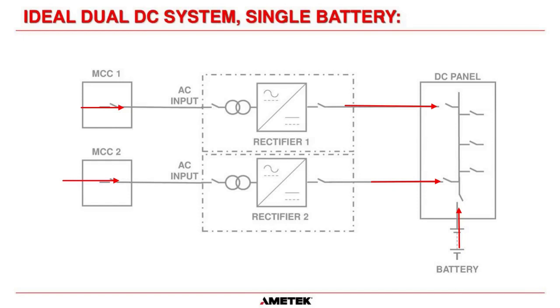That allows you, say, if you're doing maintenance on MCC1, to still have power on MCC2, and you're still keeping at least one charger powered up while you're doing maintenance on one of the MCCs. I know sometimes it can be difficult because there may not be another MCC that you can pull power from, but if at all possible, use a different MCC, motor control center, to feed each individual charger in a parallel system.